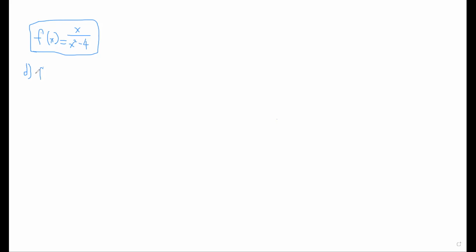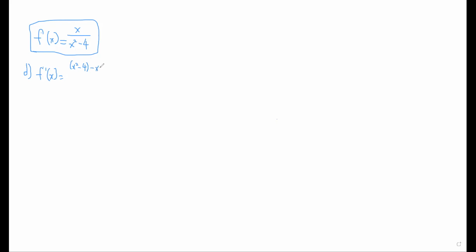Let's find the derivative of this first of all. f prime x is equal to, x squared minus 4. If you don't know how to find the derivative of something being divided by something, shoot me an email or look through your textbook and review this section.